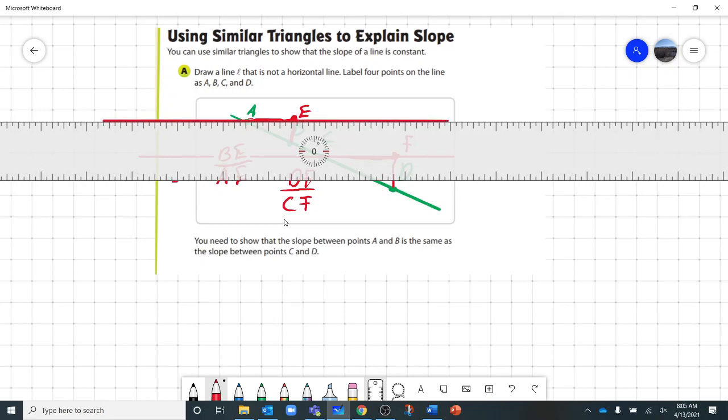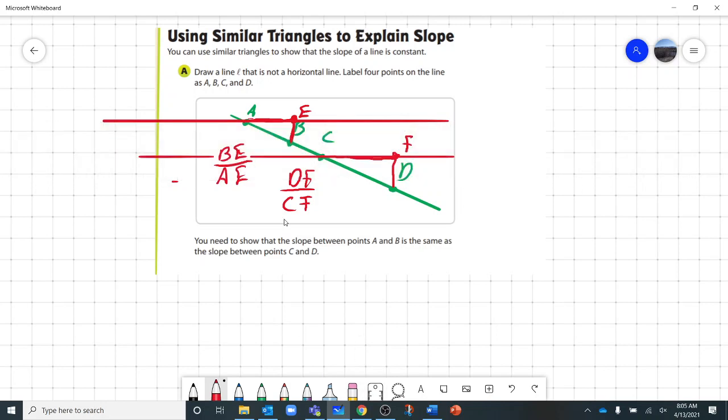So we can extend them out like that. And we know angles in parallel lines. We know that angle A right here and angle C right here, I guess angle EAB and angle FCD, are corresponding angles. And so they're the same.